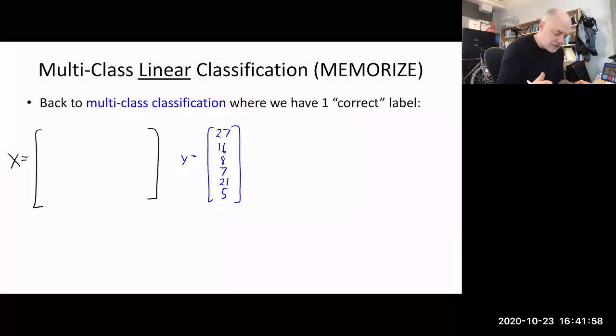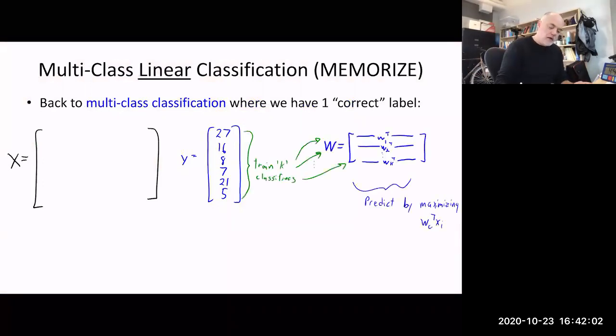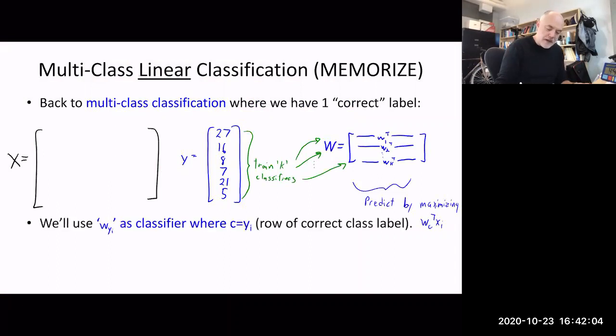But if we go back to multi-class classification where we have one correct label, right? We train the k classifiers, we predict by maximizing over all classes. So we maximize this expression with respect to C, right? That's how we do our prediction. We're going to use some notation here, and this is important.